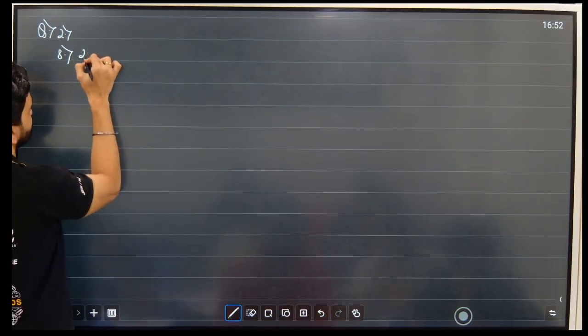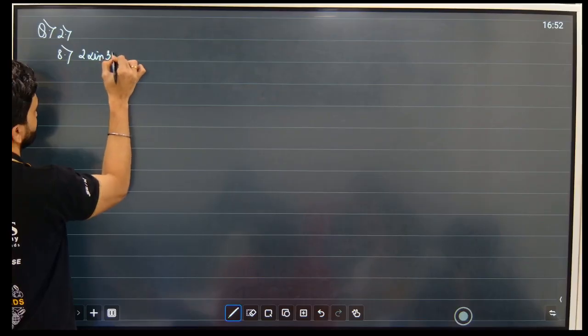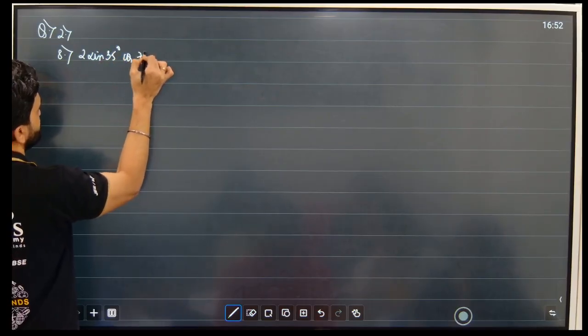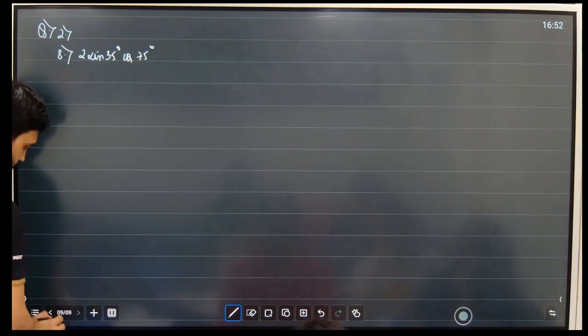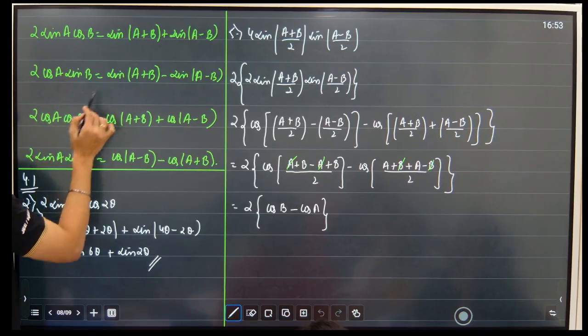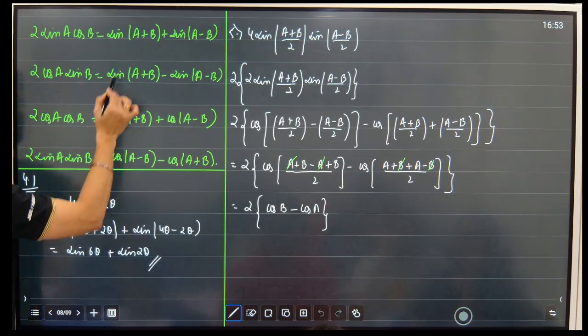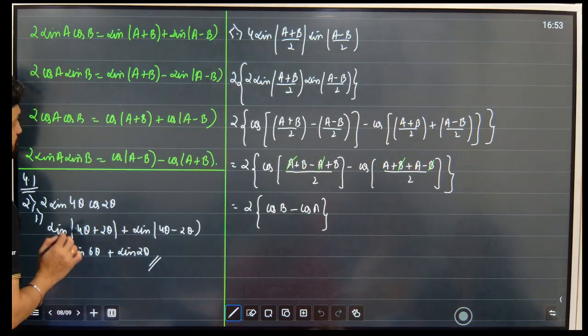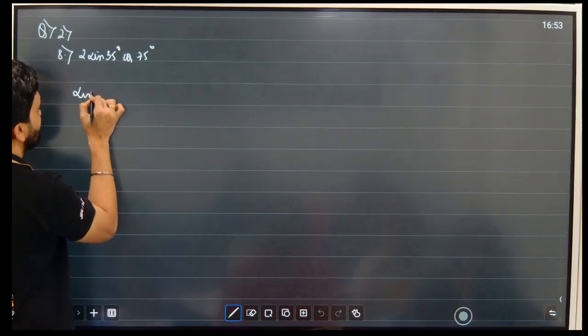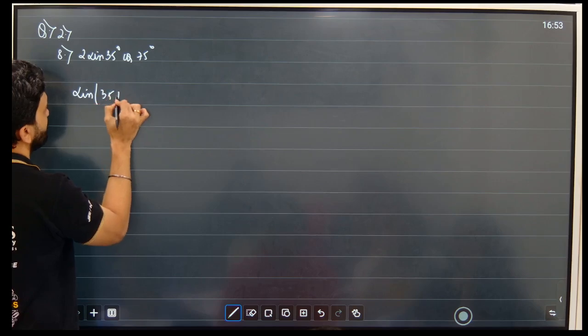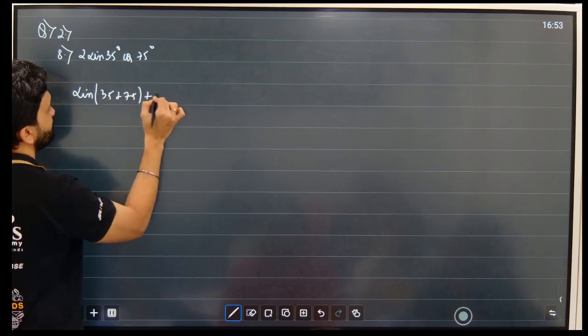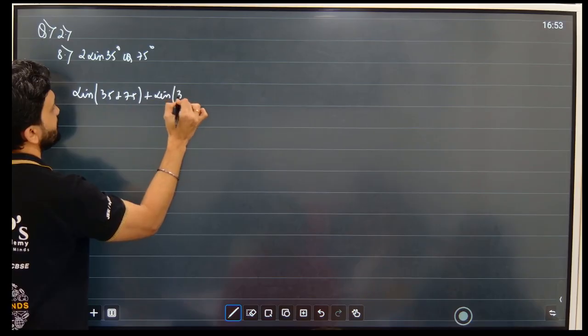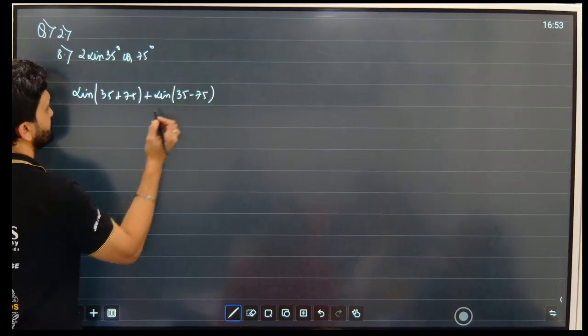2 sin 35 cos 75. So this is 2 sin a cos b. The formula for 2 sin a cos b is sin a plus b plus sin a minus b.